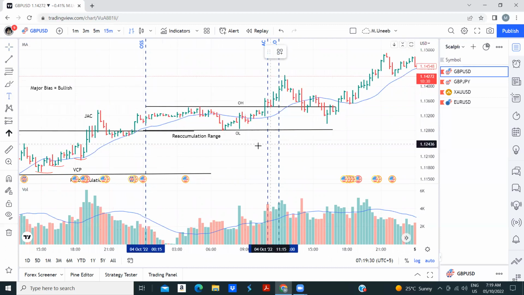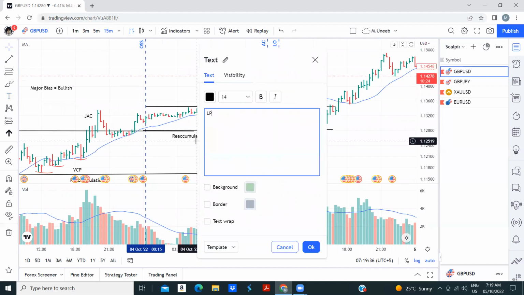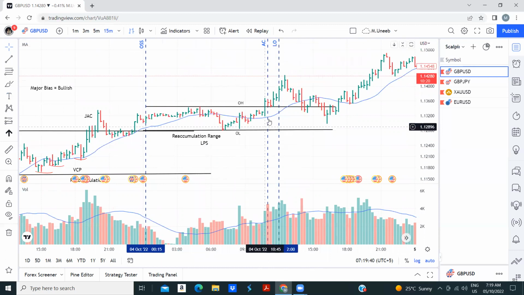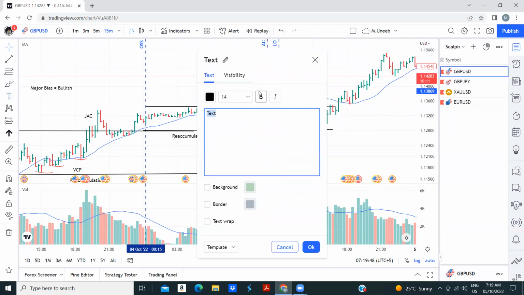This is also jump across the creek. Then this range is also part of LPSY, LPS, last point of support. And then during the Asian close, we have again a jump across the creek, JAC.